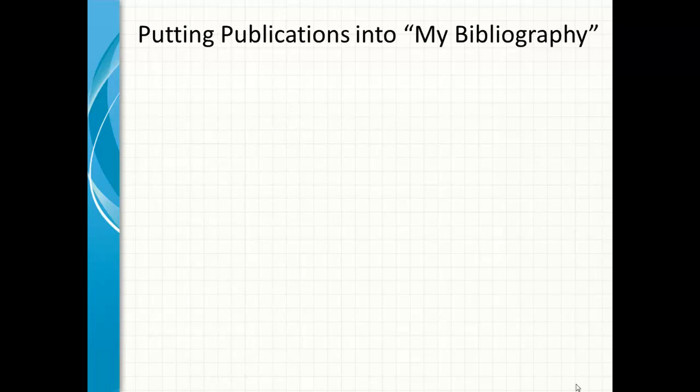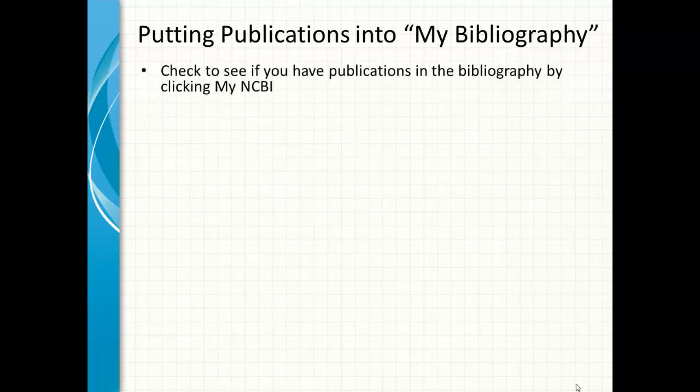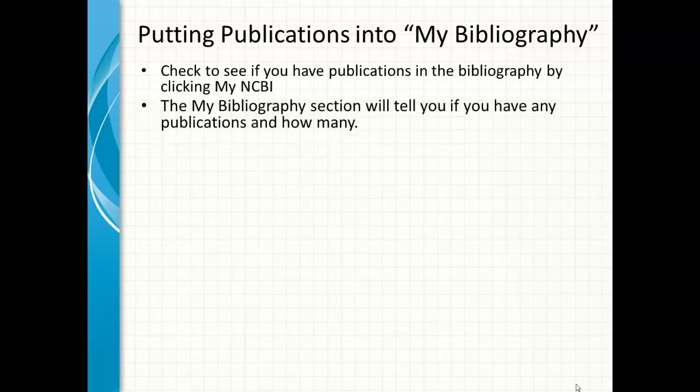First, you should check to see if your publications are in your My Bibliography. If you are logged in and have clicked MyNCBI, the My Bibliography section will list how many publications are in your bibliography.